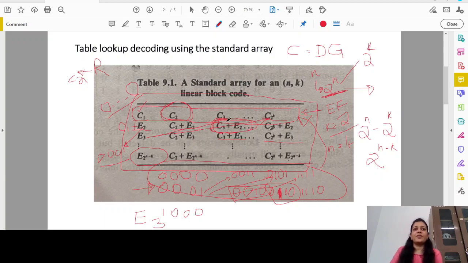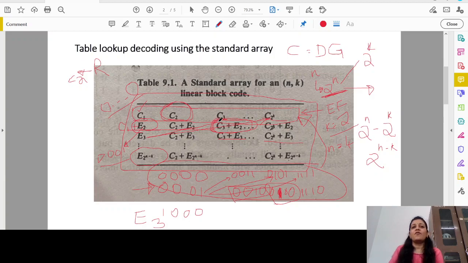In this case, if the match is found, we will assume that the code sent from the transmitter is nothing but C3, but due to the addition of noise during transmission, it is coinciding with this element C3 plus E2, and the error pattern that has occurred during transmission is E2.